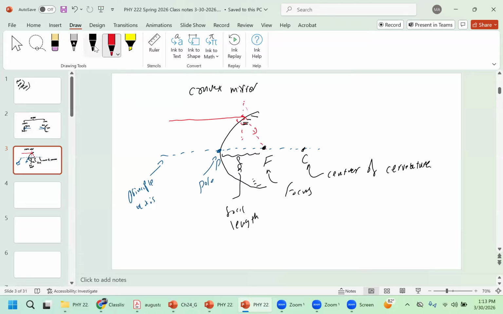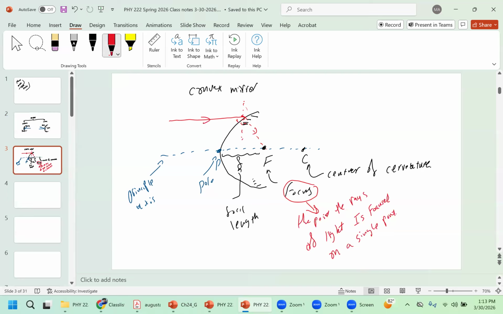So when you talk about the focus, it's the point where the rays of light are focused on a single point.